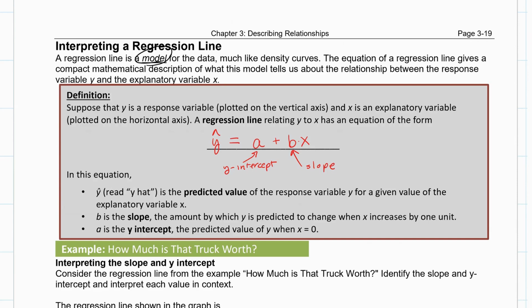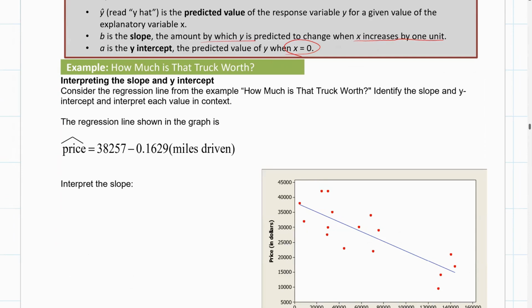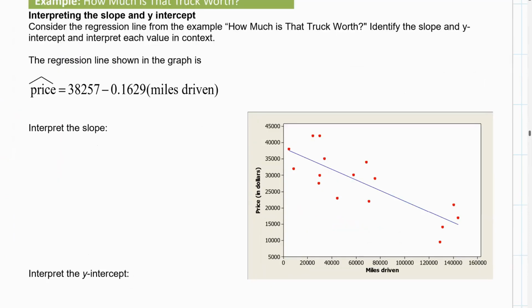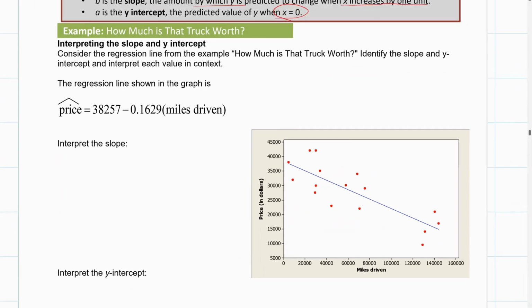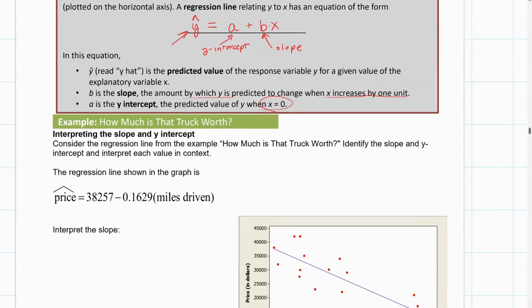The y-intercept is the value that says what is the predicted value when x is 0, and the slope tells us about how much change there is in y as x increases by 1 unit. Let's do an example here. Let's say the regression line for the truck data is that the predicted price, and again, for a predicted price, not a true y value, but a predicted y value, we use a little hat above the variable.